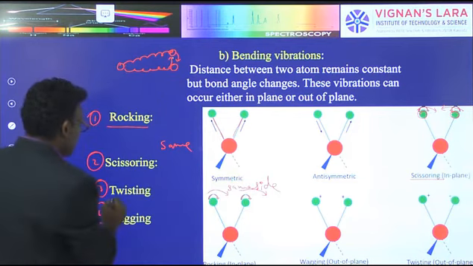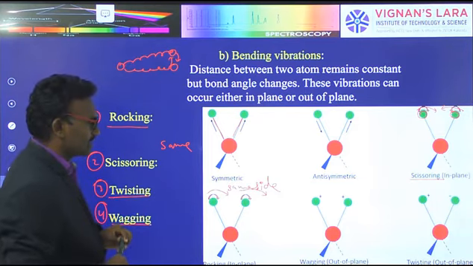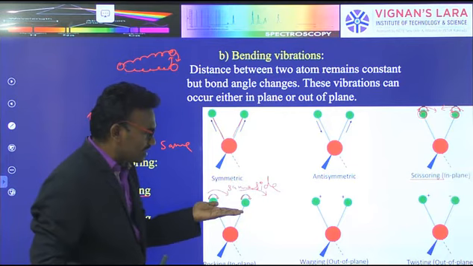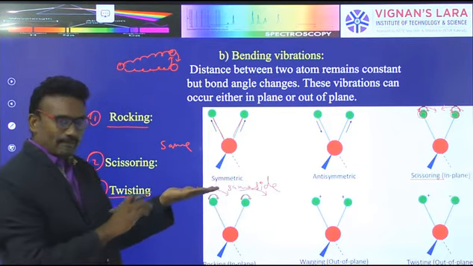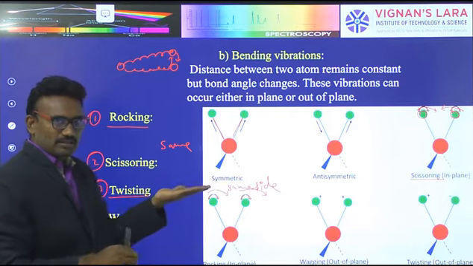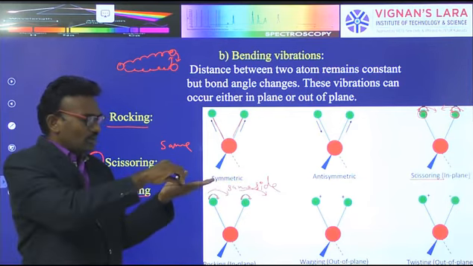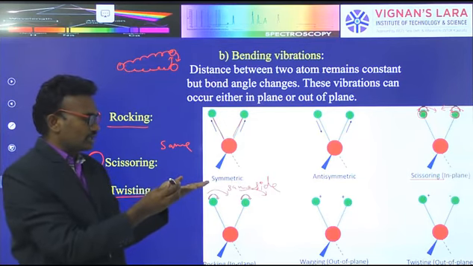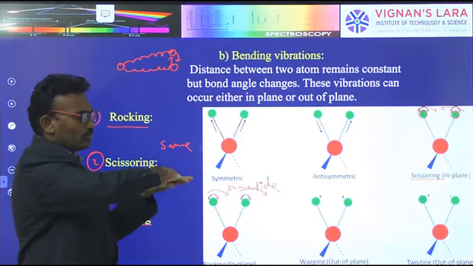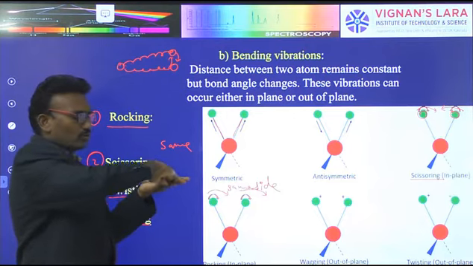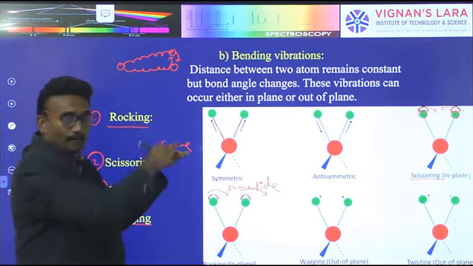The next are twisting and wagging. Twisting and wagging mean, for example, this is the plane, my hand is the plane position, where one molecule is present and another molecule is also present. Both are bended into the same position, up and down.